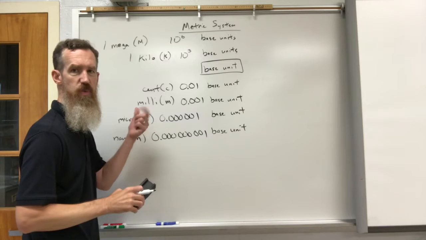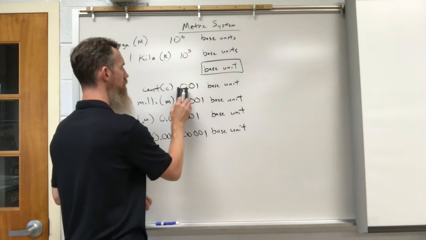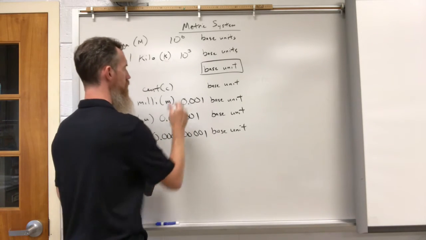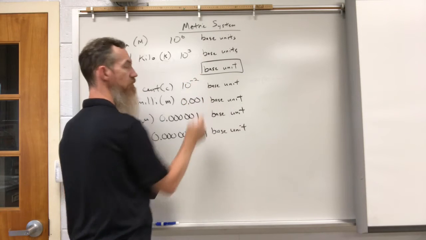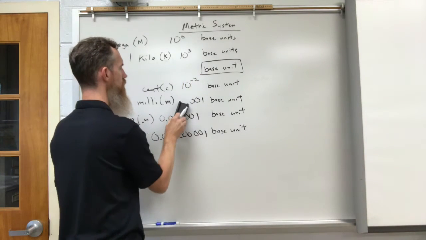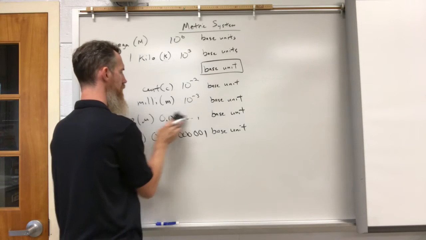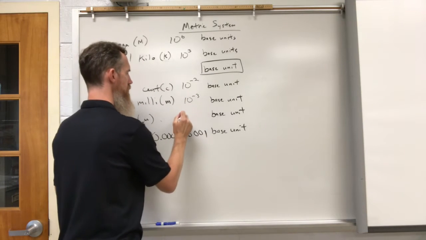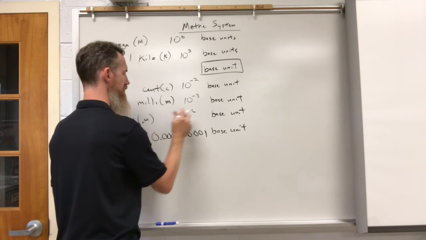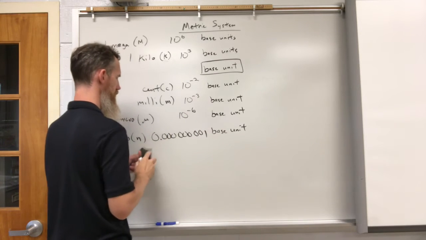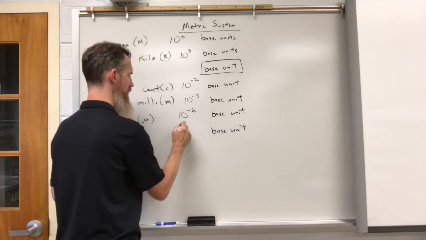A centi, which is 1/100th, well, 1/100th would be 10 to the -2. 10 to the -3. 10 to the -6. That's a terrible 6. There we go. And 10 to the -9.